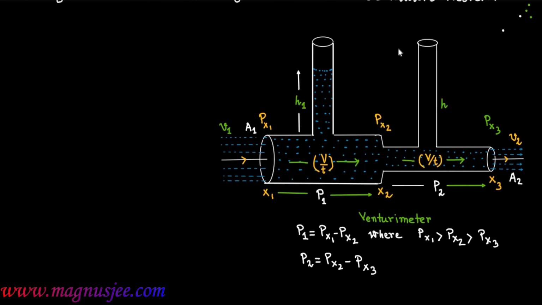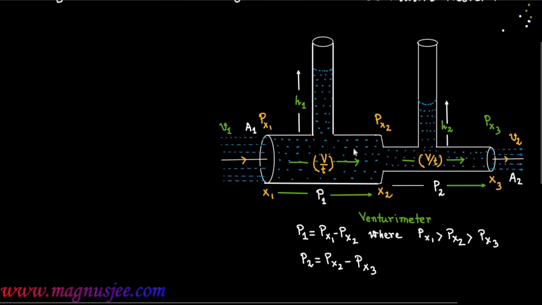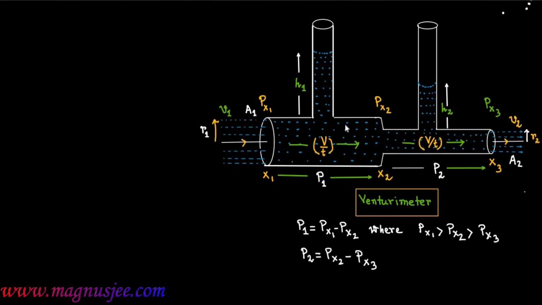Similarly, liquid rises up to the height H2 through the vertical pipe connected to the second horizontal pipe X2, X3, and H2 is the height up to which liquid rises due to the pressure difference P2.